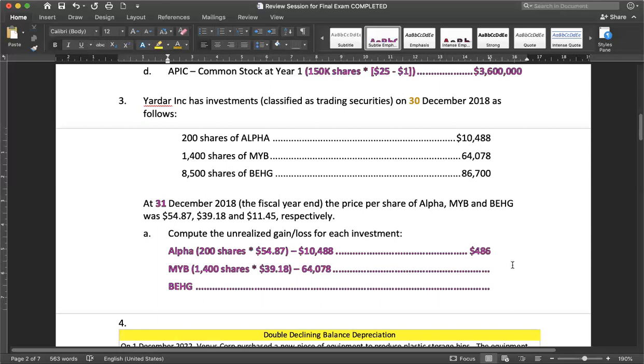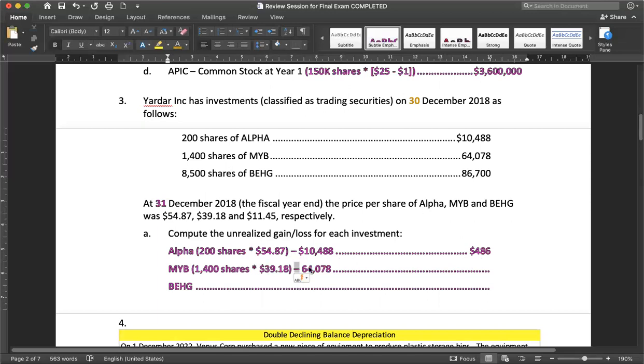So 1,400 times $39.18 is $54,852. So MYB fair value at the end of the year is $54,852.